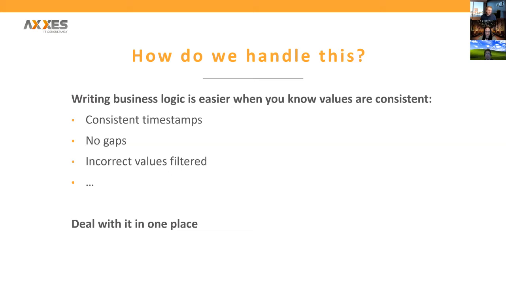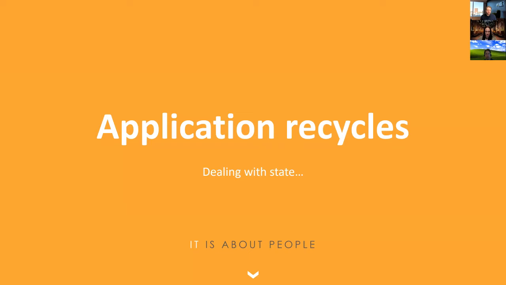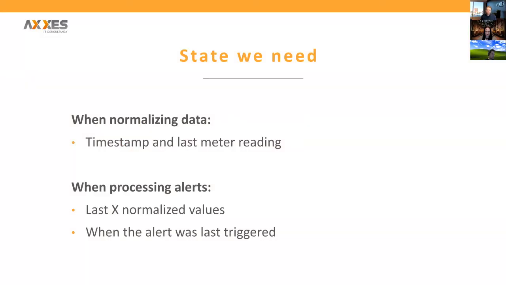Now, the trickiest thing about building all this is not normalizing the data, or all the stuff that we talked about before. It is recycles of your application. Because to do all this, you're going to need a whole bunch of state. And whenever you recycle or redeploy your application, all that state from memory is gone. What kind of state do you need?